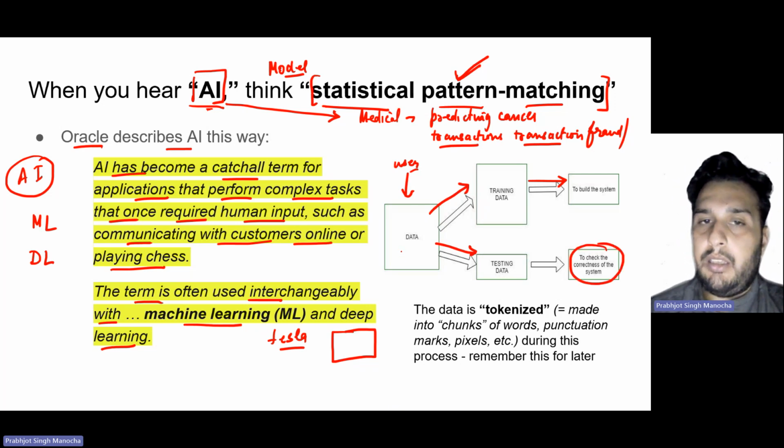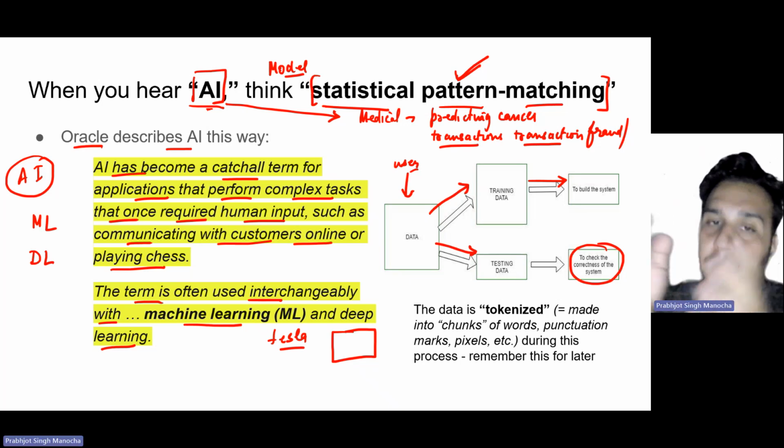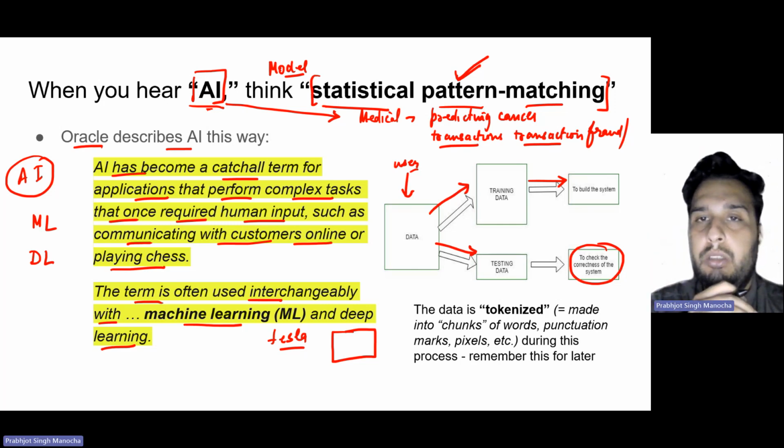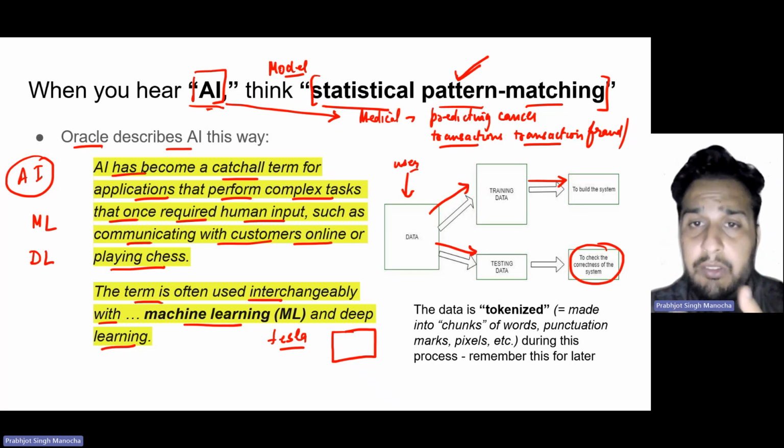So AI is the term used for solving human problems, complex tasks, which can include the medical field as mentioned, predicting whether transactions are fraud or not, and even predicting about our health, right?